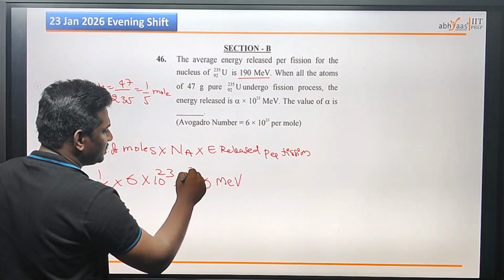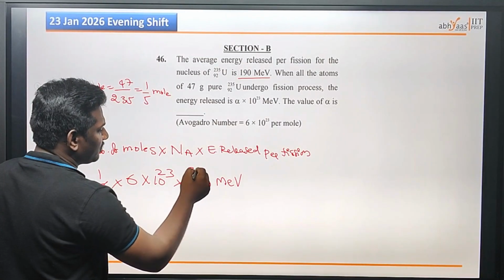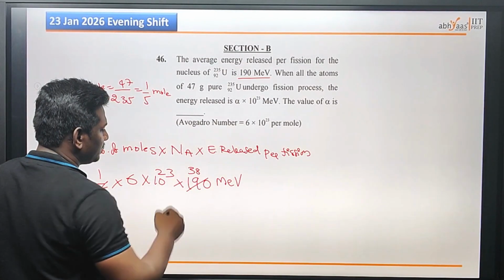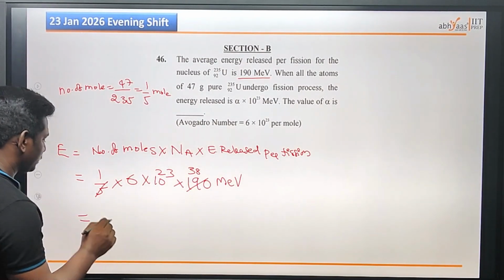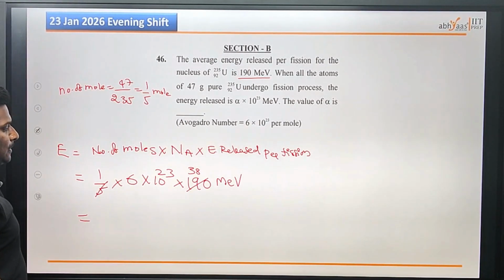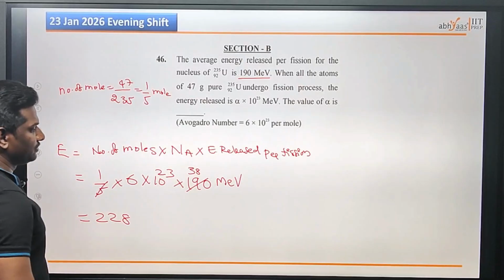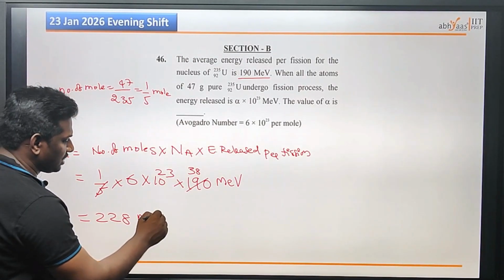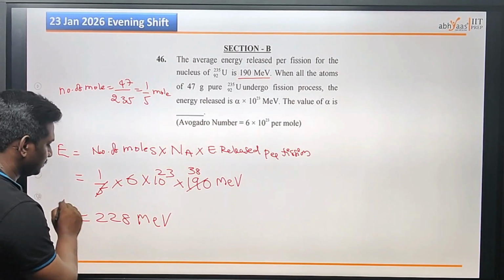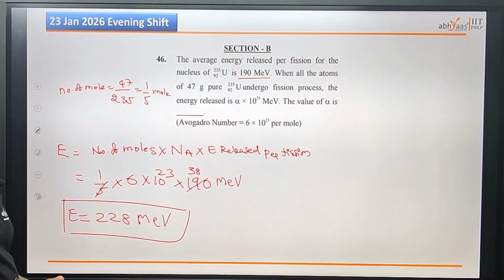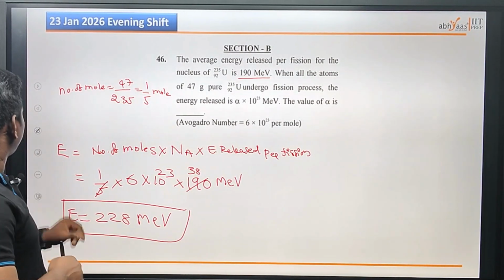This is 3 plus 4, 8. 38. You will get 228 mega electron volts. 228 is your right answer.